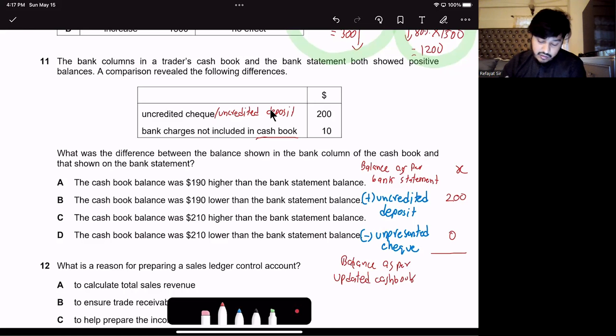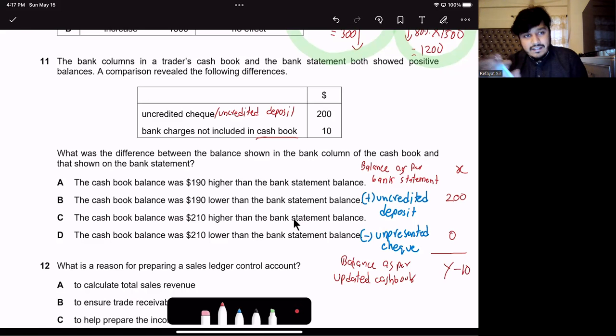Whatever that balance is, for example, is Y. From there, we have to subtract $10. Why $10? Because bank charges were not yet recorded in the cash book.